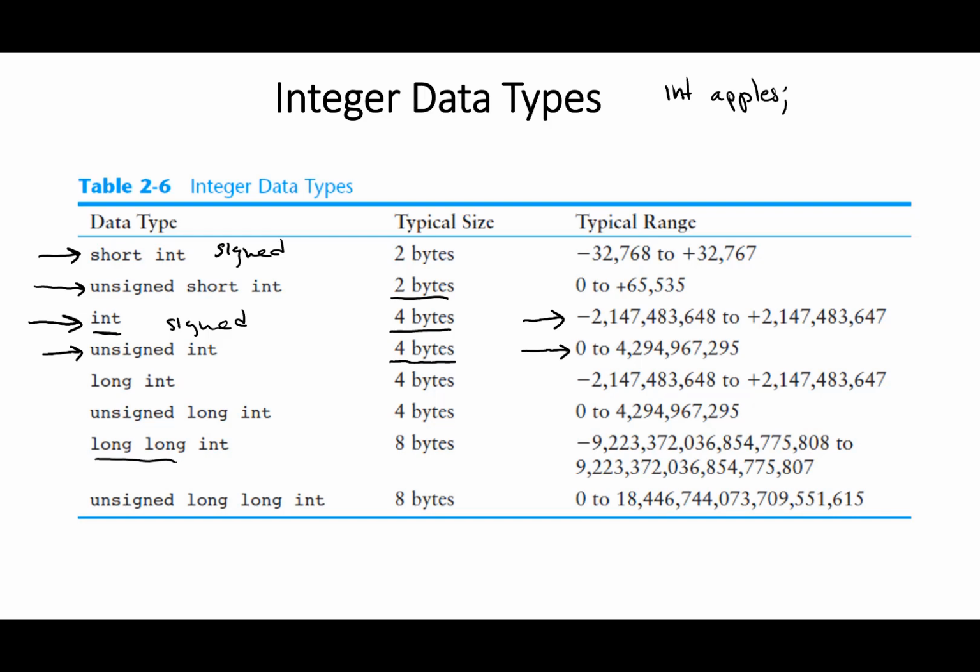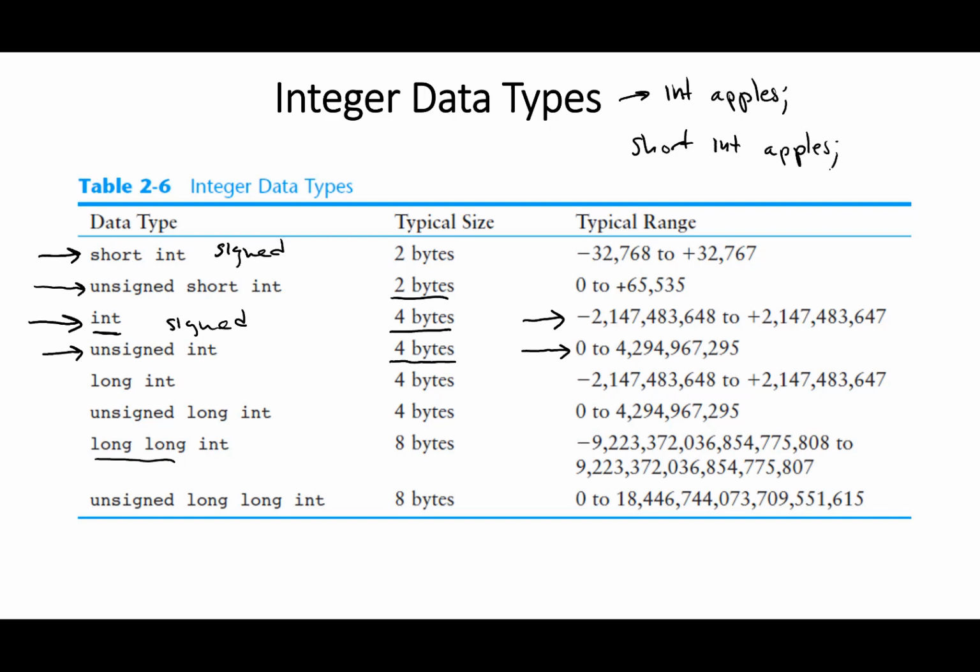So we've already seen how to declare a variable with int apples. Let's say that we have a short int, and we know apples is within this range of negative 32,768 to 32,767. We could declare that as a short int apples.